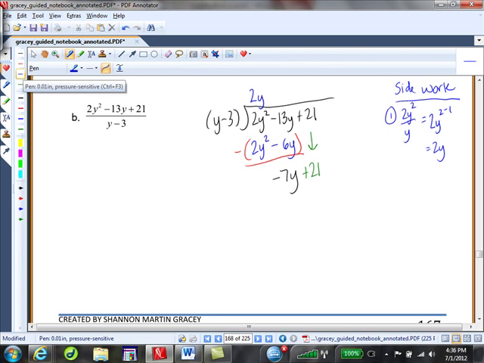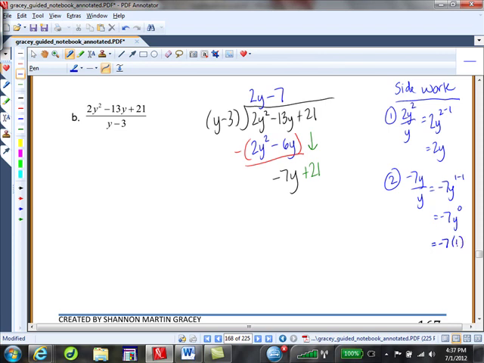So again, you can either think y times what equals negative 7y. Well, y times negative 7 is negative 7y, or you can do it via the side work, where you would have negative 7y divided by y is negative 7y to the 1 minus 1, which is negative 7y to the 0, which is negative 7 times 1, which is negative 7.